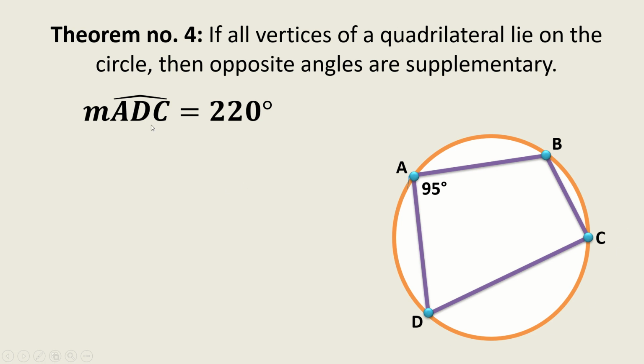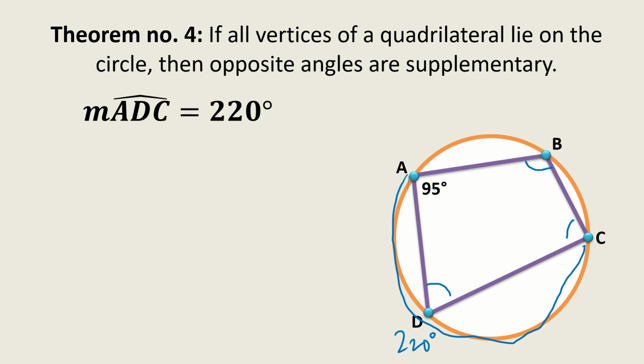So, 3 letters siya, meaning that this is a major arc. Kung itong arc daw na ito ay 220 degrees, so ang hahanapin natin na measure ay alin? So, itong tatlo, angle B, angle C, and angle D.